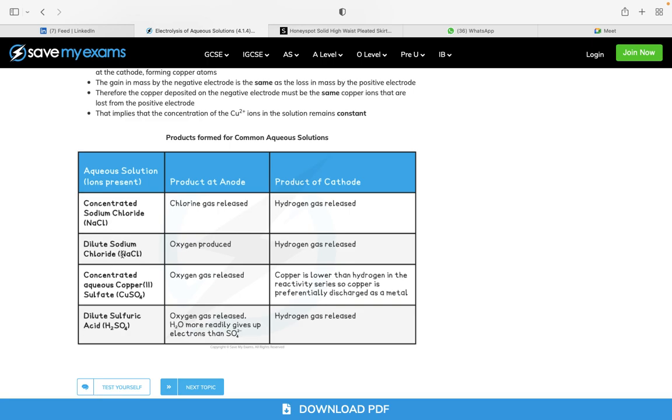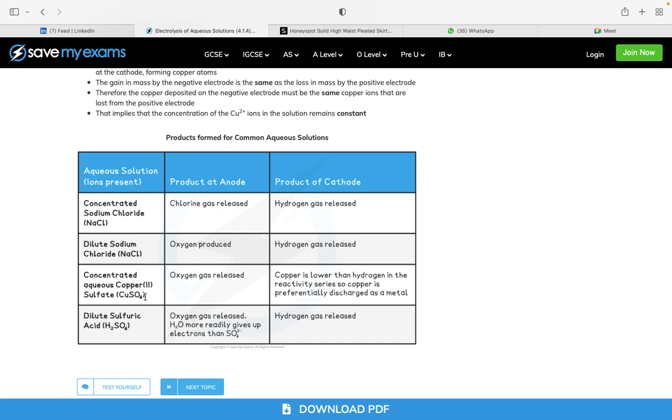Now for dilute sodium chloride, oxygen is produced. Remember we say once it's dilute, the anode product will be oxygen. Once it's concentrated, the halide will migrate to the anode. So for dilute one, oxygen is produced and hydrogen is still produced at the cathode.